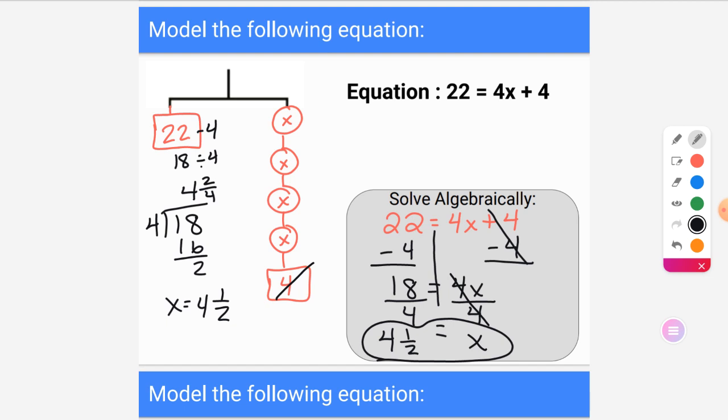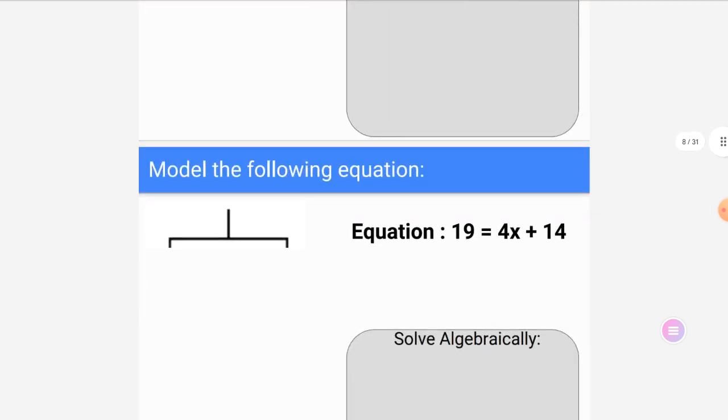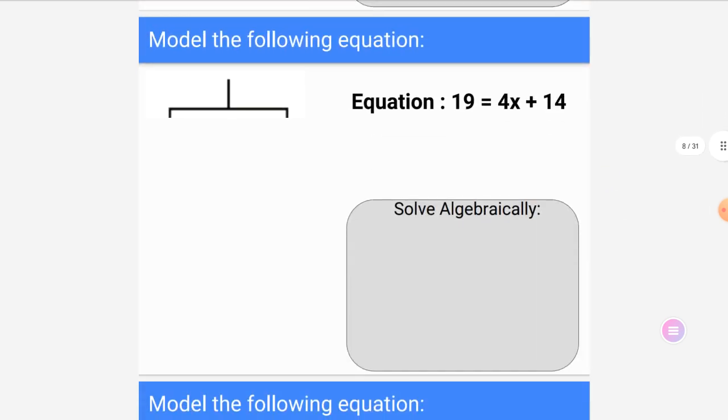I want you to try the next one on your own. 19 equals 4x plus 14. I don't care if you do the hanger model first and then the algebraic way, or if you work them at the same time.